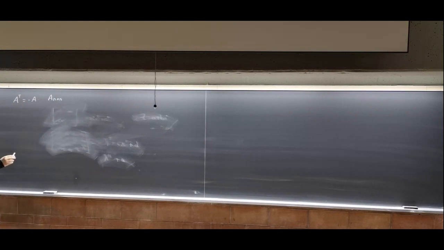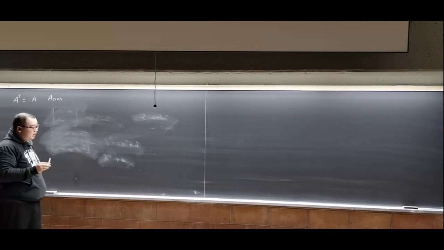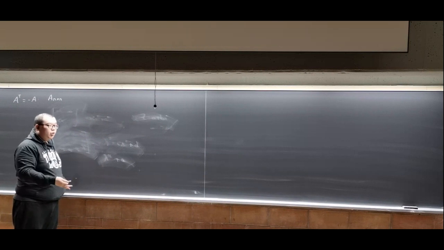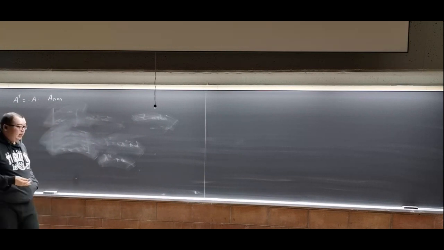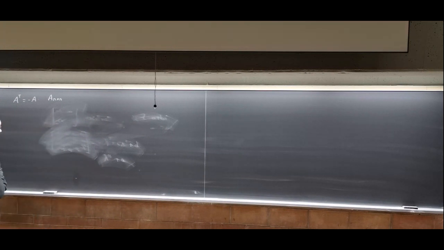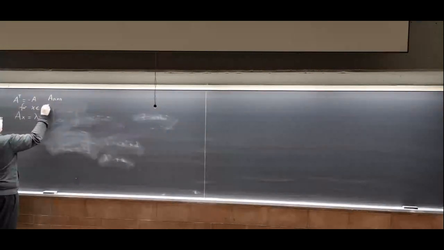Now, because we're working towards proving that lambda is a complex number, it makes more sense when we're considering A times a vector x, instead of just a real x, to consider some x in the complex plane.